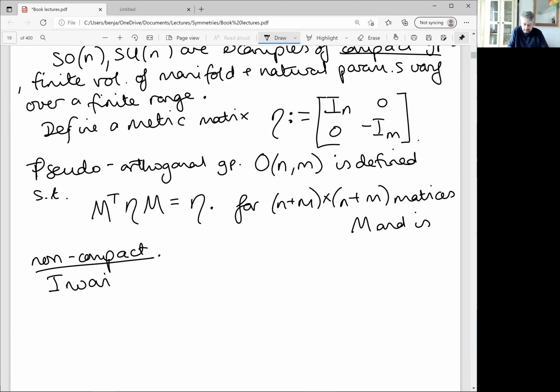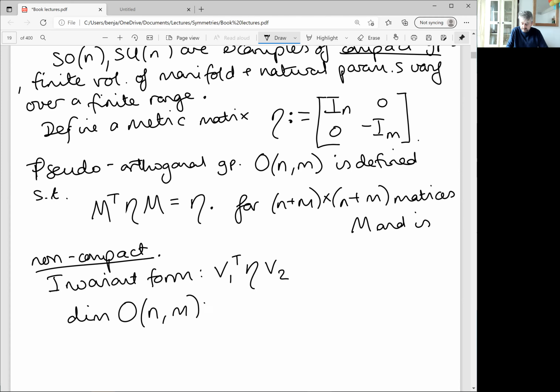So the invariant form of this group in terms of the vectors is V1 transposed eta V2. As long as we form the dot product with this eta involved between two vectors, you can prove to yourself very quickly that it's invariant. The dimension of this group is just the same as the dimension of O(n+m).